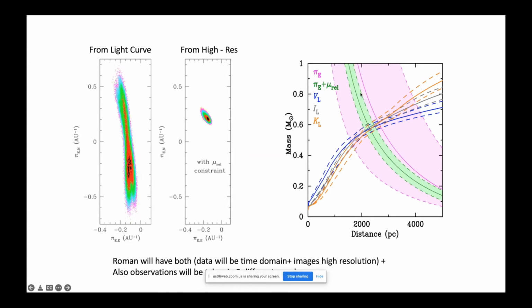This wide curve is basically showing that the mass can be anywhere from 0 to 1 solar mass, whereas when we put in the constraints from the high resolution observation, we got this green curve.